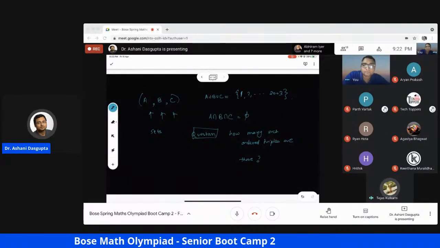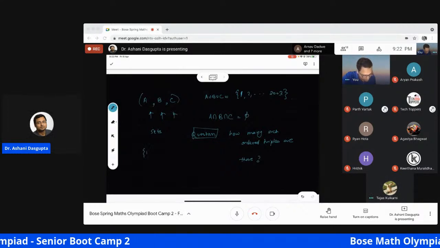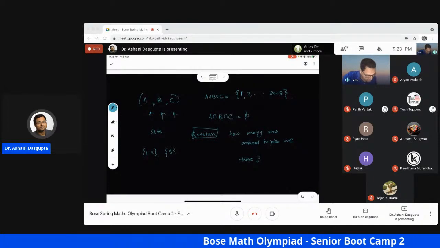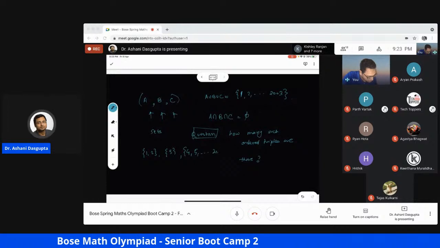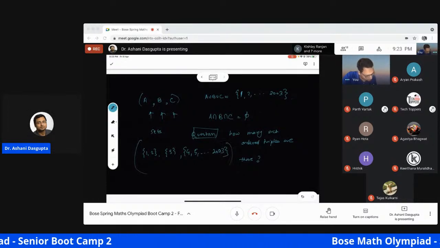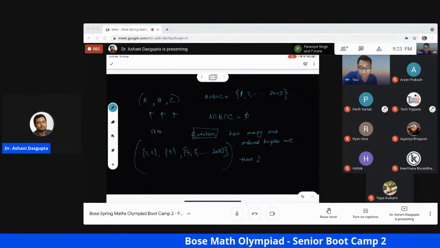Sir, ordered means we don't have to count the permutations, right? Right. For example, if 1 comma 2 is a set, 3 is another set, and 4, 5 up to 2003 is another set, then you have to count the permutations actually.